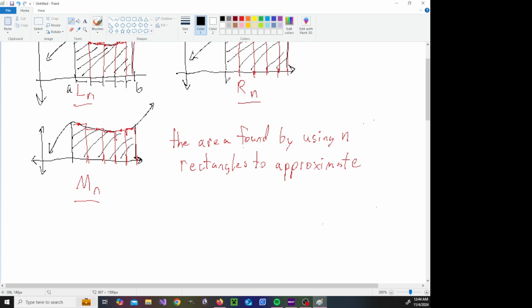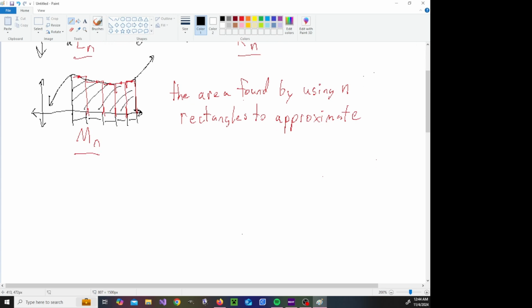All I'm changing in each of these scenarios is the height of the rectangle and how I figure that piece out. I am not, however, changing the actual width of these rectangles. So across all of those, we are going to end up with the same width.